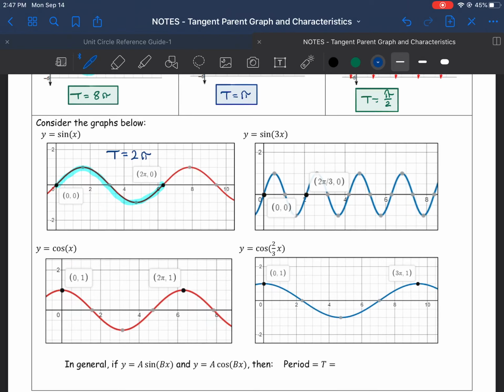Now let's look at a transformed version of the parent function. We're going to look at y equals sine of 3x. And let's go ahead and highlight the period or cycle here. So notice that it's a much quicker cycle. The cycle is over by 2 pi over 3. So here we have that our period is 2 pi over 3.